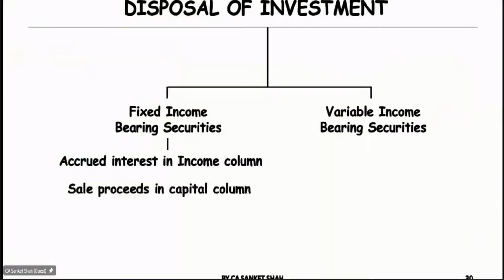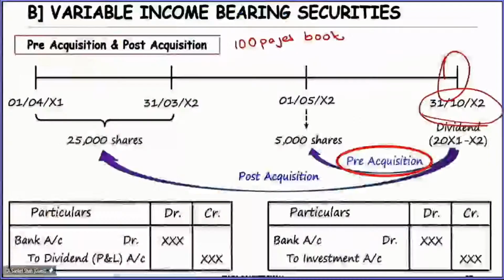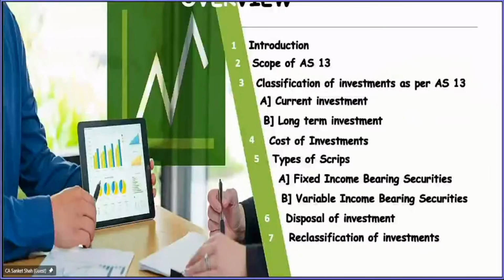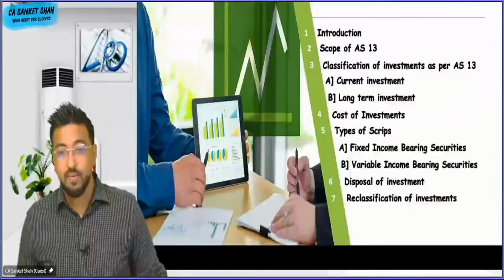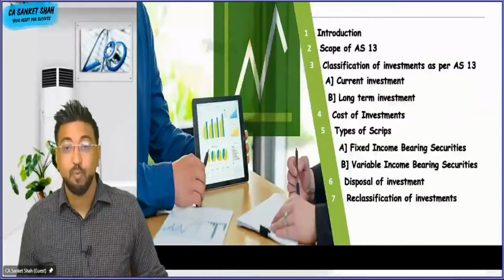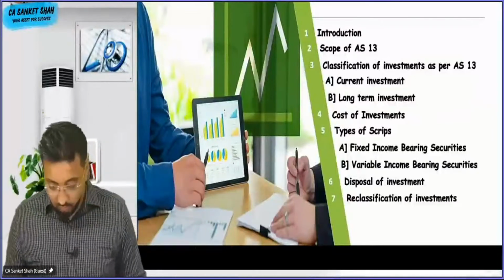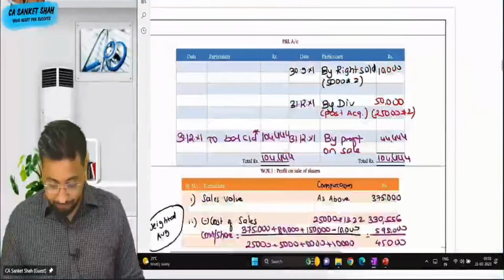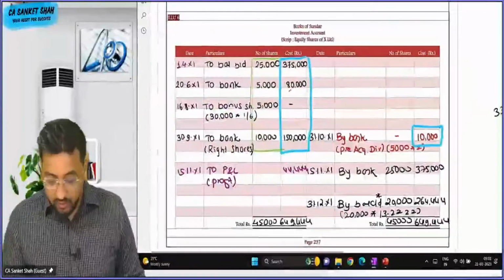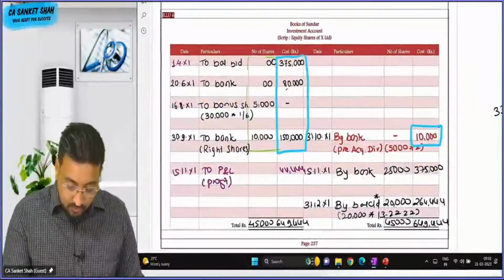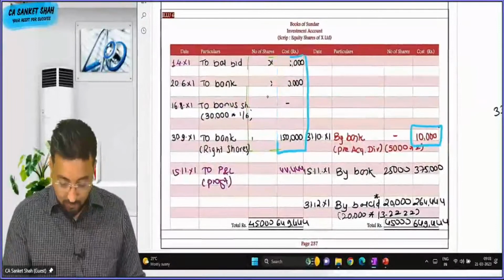Okay, so we have finished with this concept of right shares and all. So what else do we write in the 100 pages book? It's a pro forma, pro forma of investment account. So in the 100 pages book you will write one more thing. Only, beta, don't write these columns, only the pro forma.